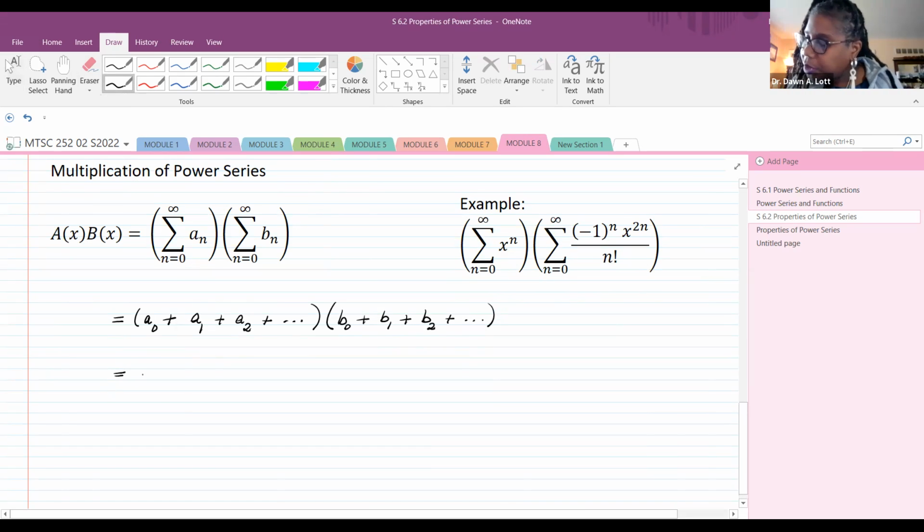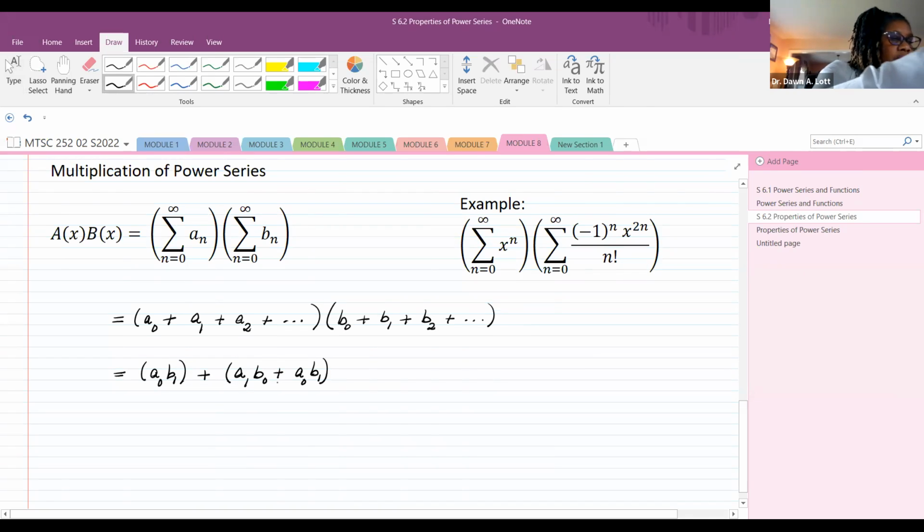Your first term is A0 times B0. Your second term will be A1 times B0 plus A0 times B1. So it's kind of like we're foiling it, but we're foiling it with infinitely many terms. So we can only take a few of them at a time.